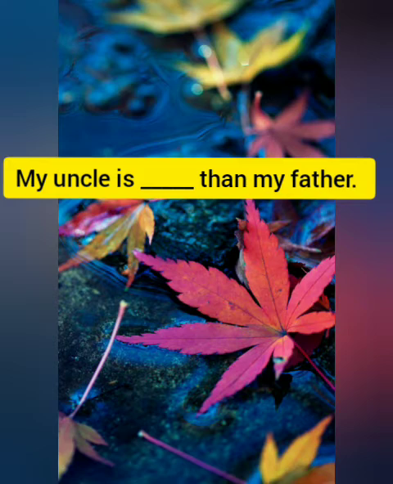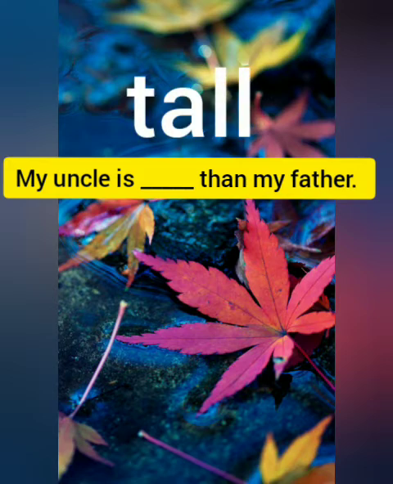Here in our chapter, we are giving more concentration to the second degree of comparison, that is comparative degree only, the more and er forms. The first one: my uncle is dash than my father. Here the adjective is tall. We have to complete this sentence using the adjective tall. Then how to complete?